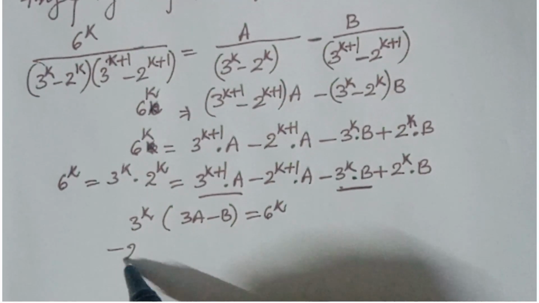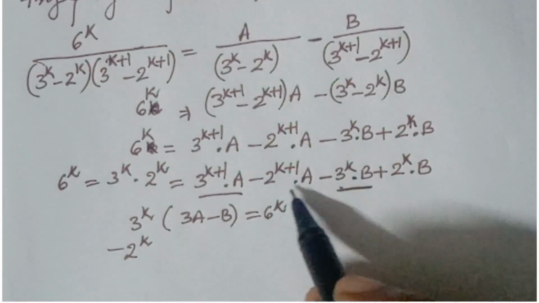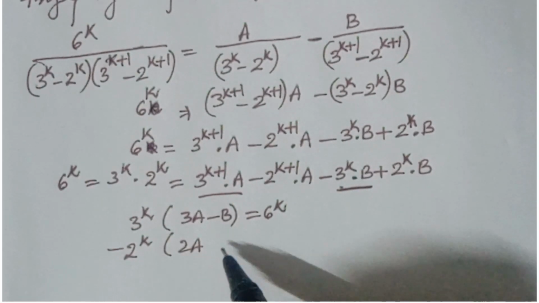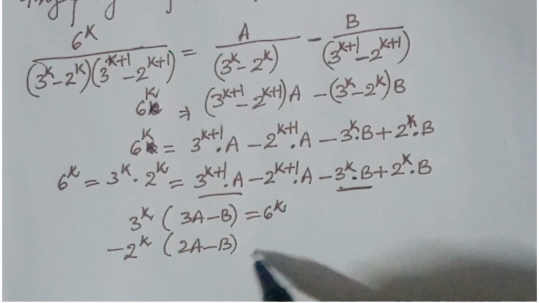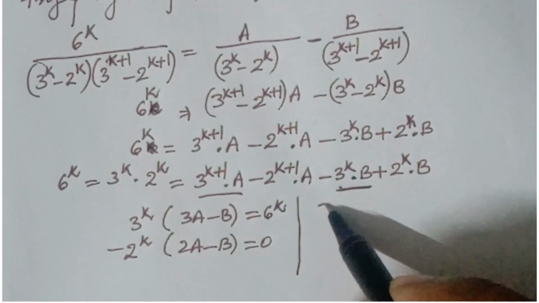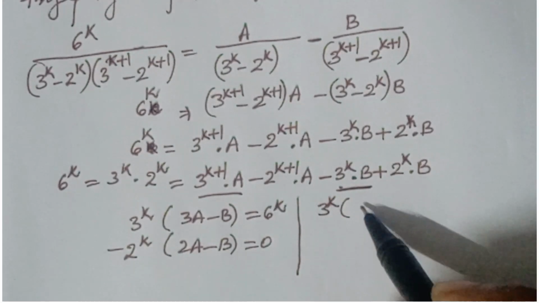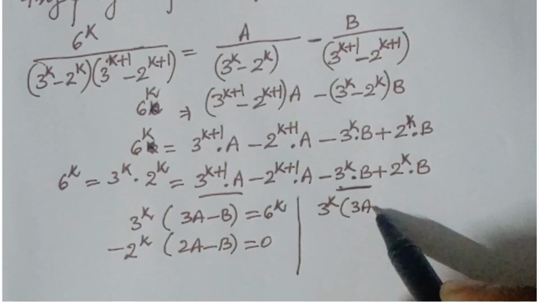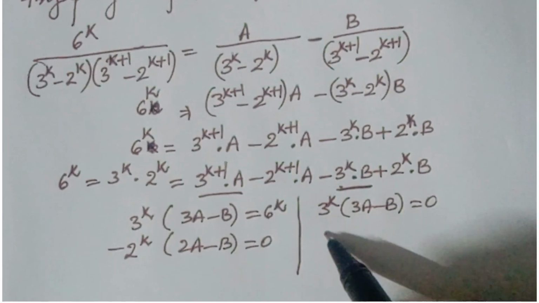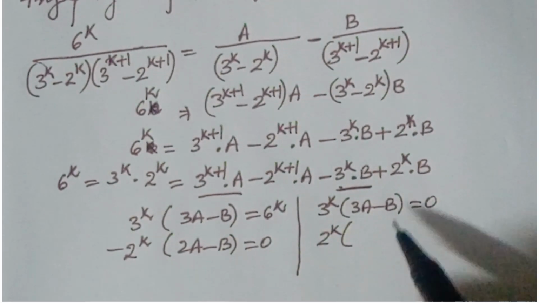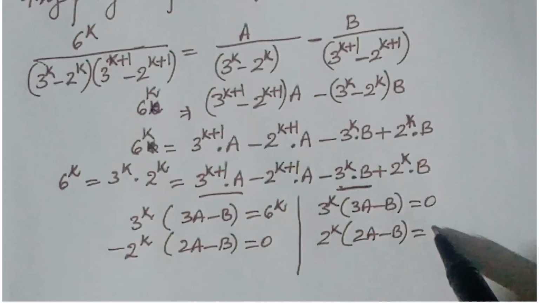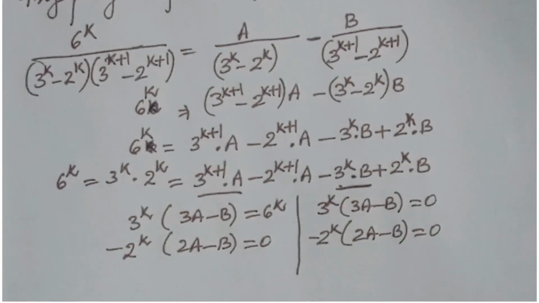The remaining part, if you take minus 2^k common, here you will get 2A minus B is equal to 0. Or if you take the second case, 3^k into (3A minus B) is equal to 0, and minus 2^k into (2A minus B) is equal to 6^k.